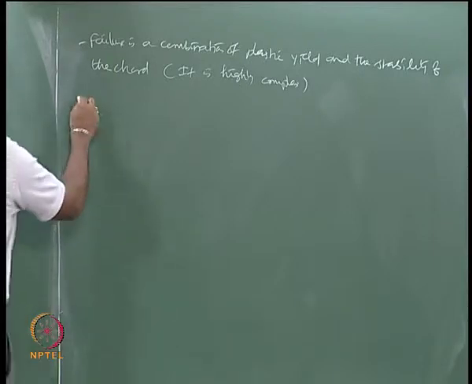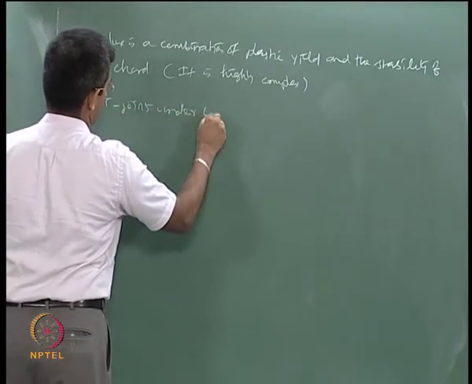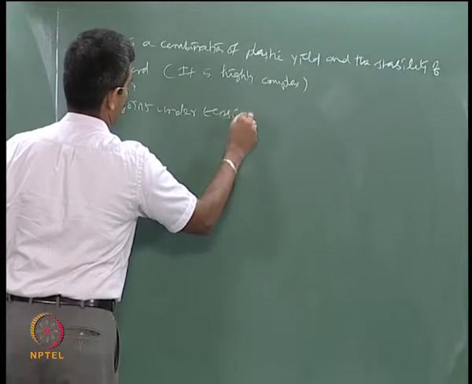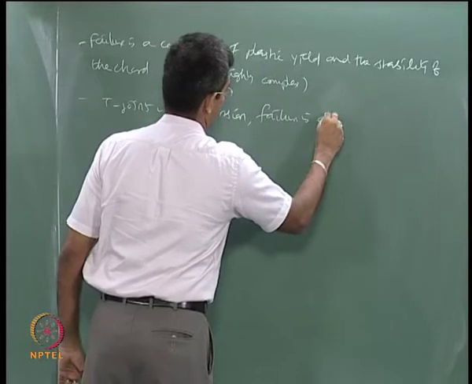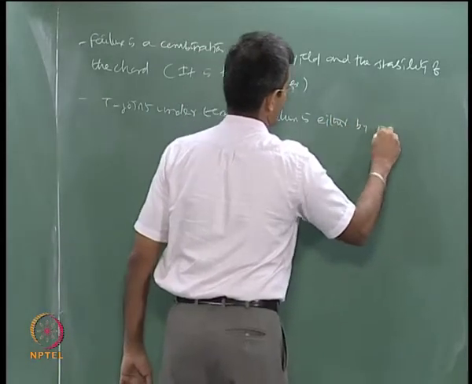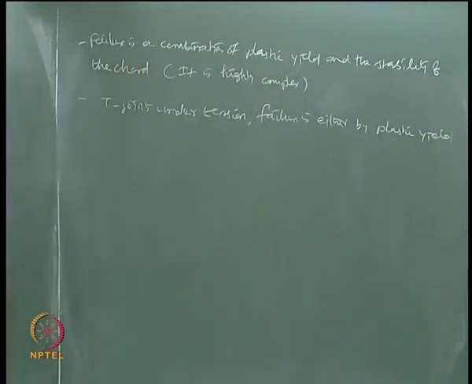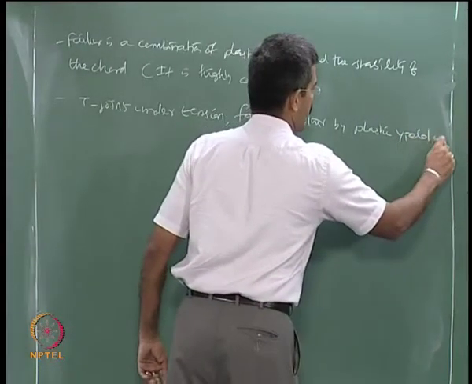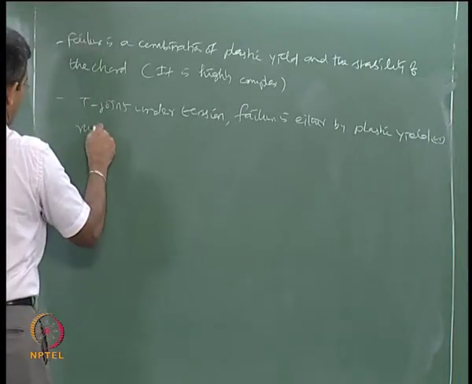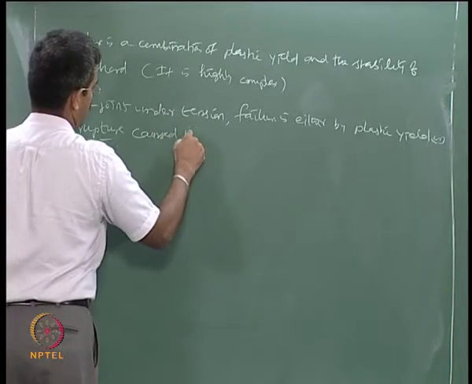Whereas in T joints under tension, the failure is either by plastic yield or rupture caused by shear stress.